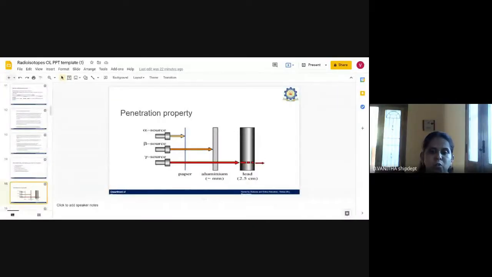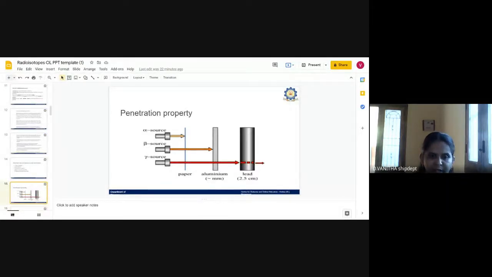Here the penetration property is explained. When an alpha particle is emitted from a radioactive nucleus, it cannot penetrate even through paper. A beta particle can penetrate through paper, but it cannot go through aluminium foil of moderate thickness.